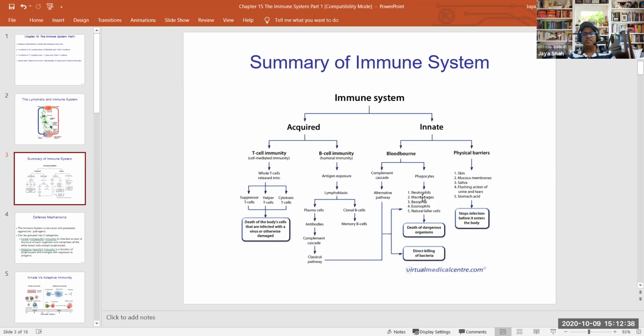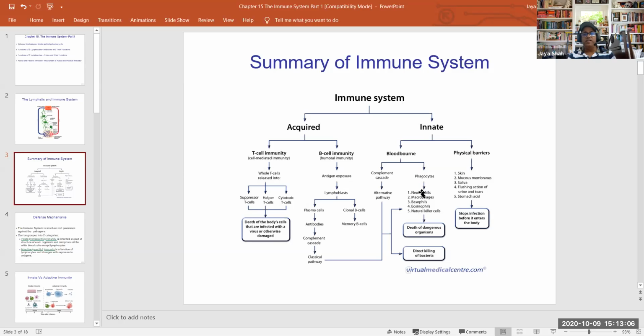These phagocytes, meaning microorganism eaters, are neutrophils, macrophages, basophils, eosinophils, and natural killer cells. These white blood cells cause death of the dangerous organisms which have entered your body.